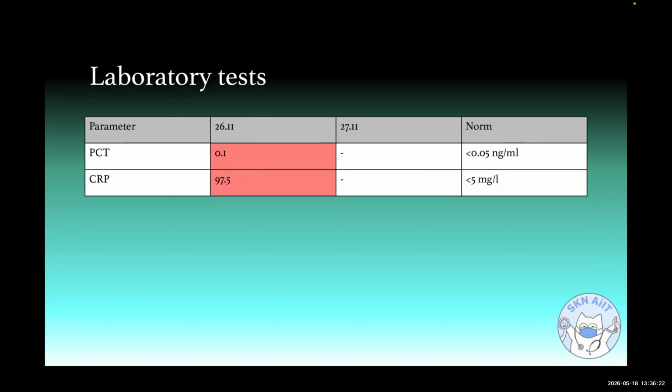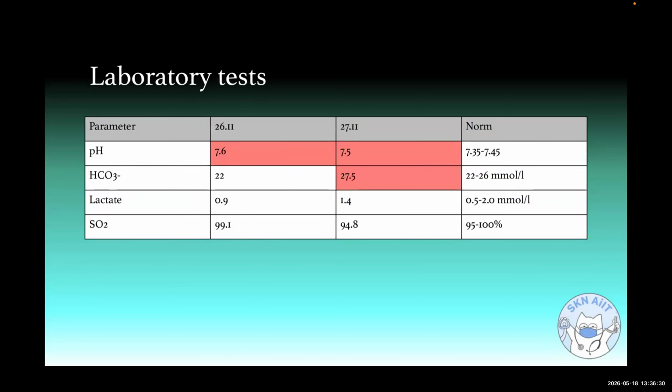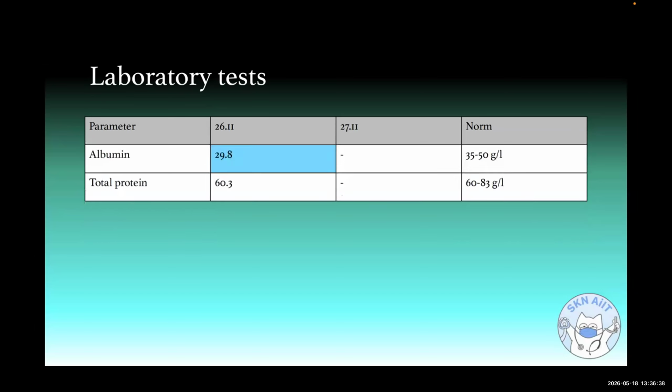CRP was really high, but it was due to a general inflammatory reaction from Lyell syndrome itself. Not really alarming. Mildly increased pH. He had slightly decreased albumins and not really high total protein.